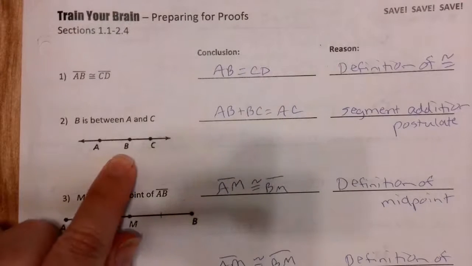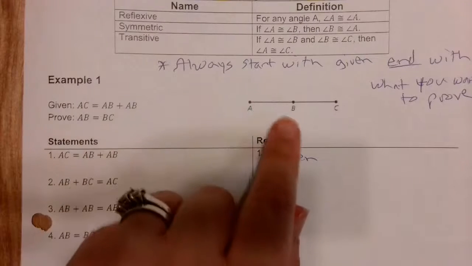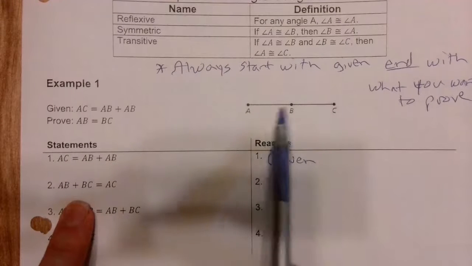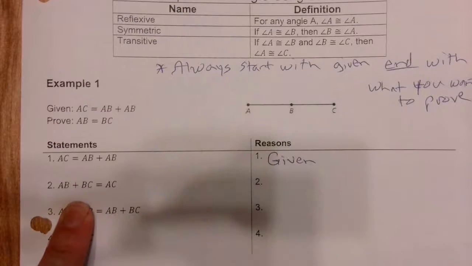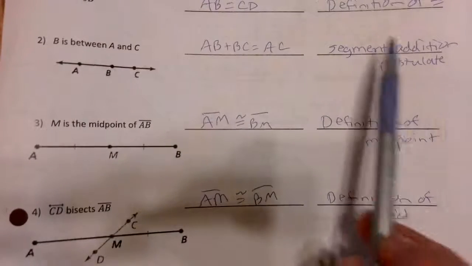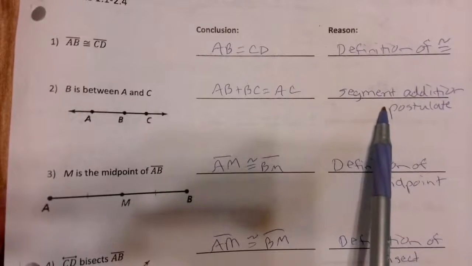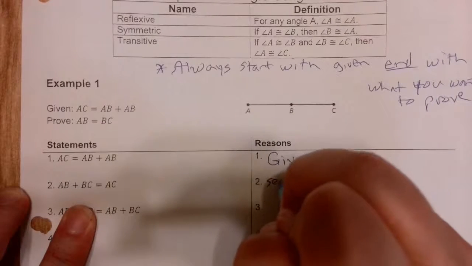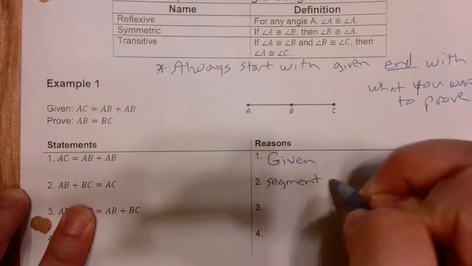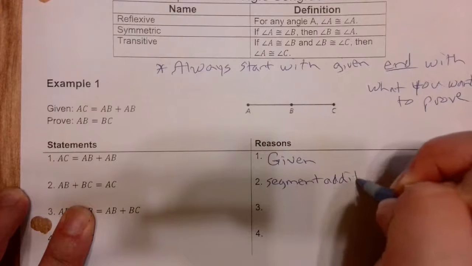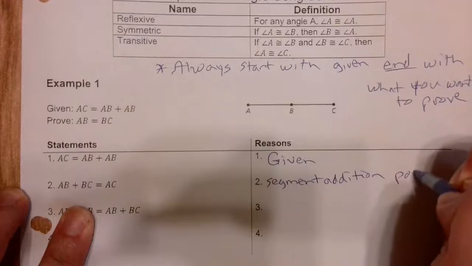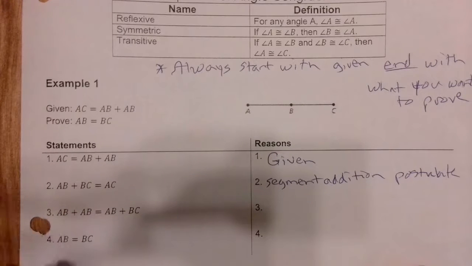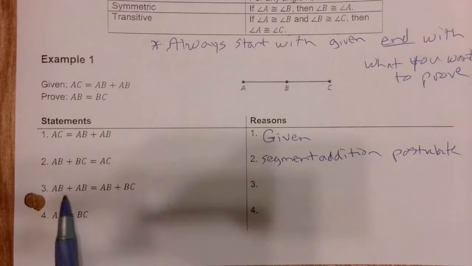And you see the picture ABC, and you see the picture ABC. They are very, very similar. So how do we know that the left plus the right is equal to the whole thing? Segment addition postulate. It's on the worksheet we just filled out. That's your reason.